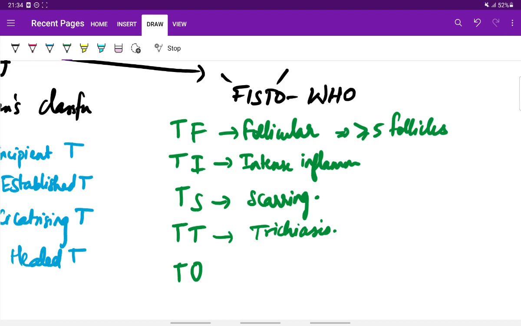This is said to be trichiasis when at least one eyelash rubs the eyeball. TO stands for trachomatous corneal opacity. So here a visible corneal opacity is present over the pupil. This is FISTO classification given by WHO.